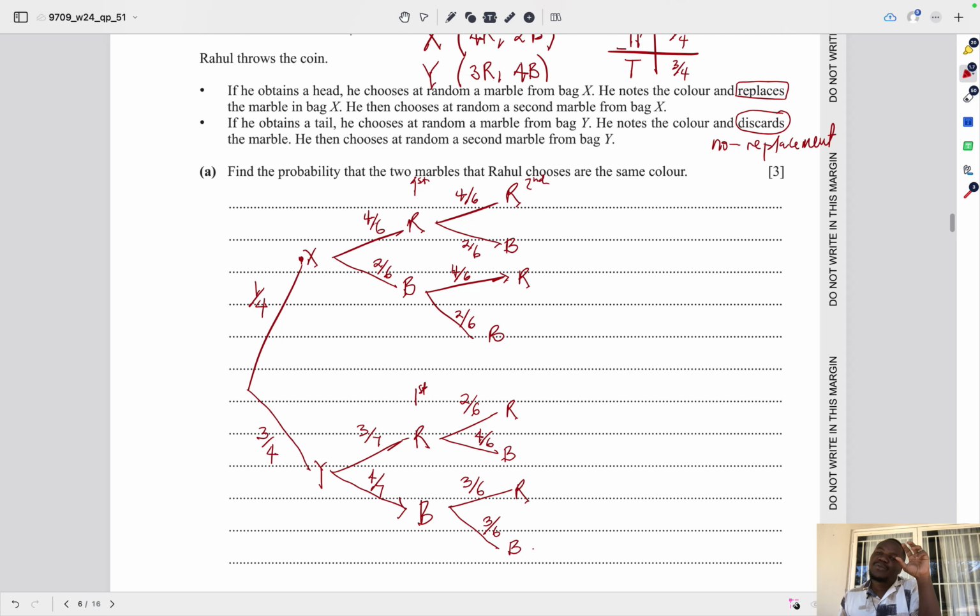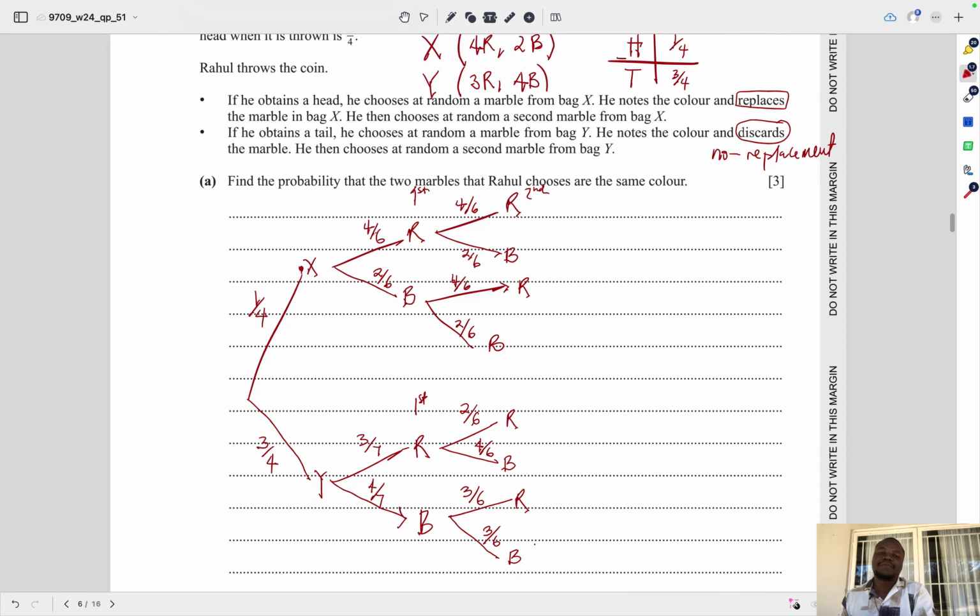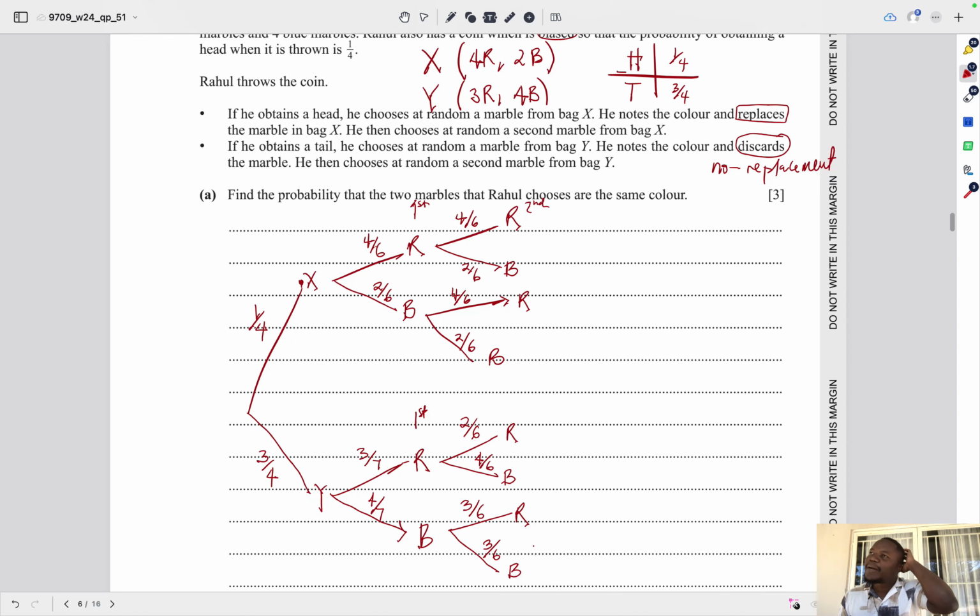Okay, now we need to go back to the question, because this is not part of the solution. It's not the answer to the question. So they say find the probability that the 2 marbles that Rahul chooses are the same color. Same color means in the first you pick red or blue or whatever. Now before you choose the red or blue, there is a probability of 1/4. Okay, so we are going to say red means 1/4 times this times that. So here we've got red, okay, then we've got blue, because we are just looking at same color here.